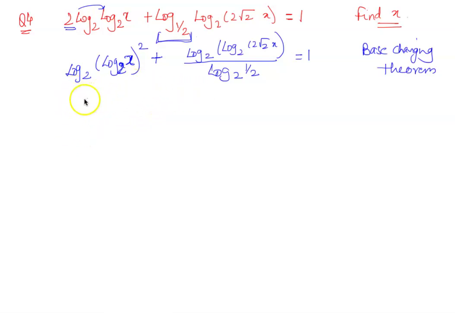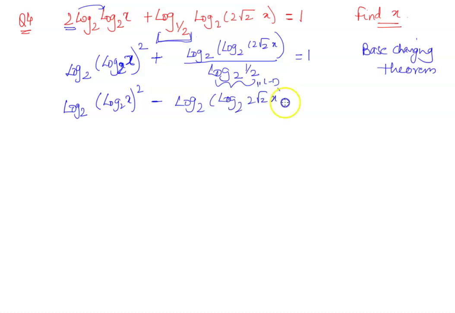So what does this give? This gives log x to the base 2 whole square. Now log 2 to the half is equal to minus 1. This value is equal to minus 1. This will become minus log 2 root 2x equals 1. Now let's use another property.